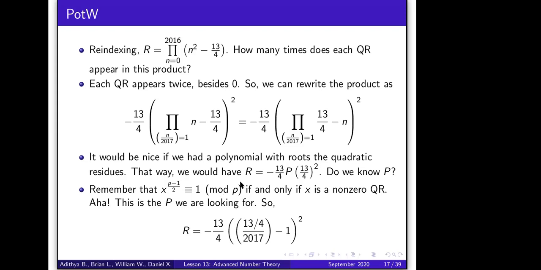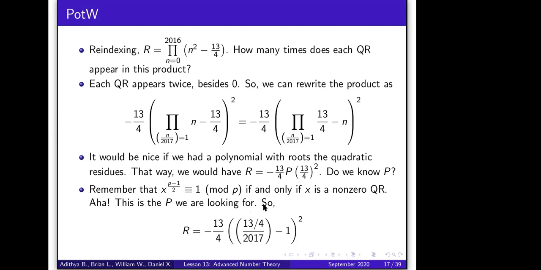And this polynomial x to the 1008 minus 1 has degree 1008, so it has at most 1008 roots, and we already know its roots are the quadratic residues, so these are exactly its roots. So actually x to the 1008 minus 1 is exactly the polynomial we're looking for.